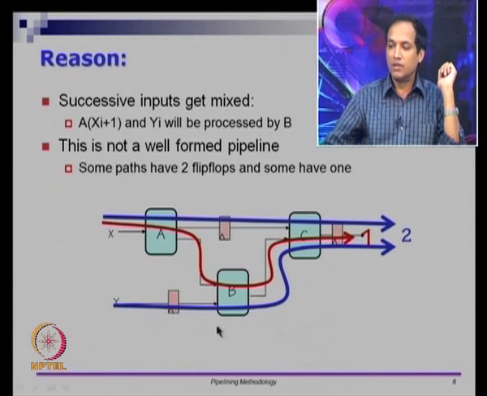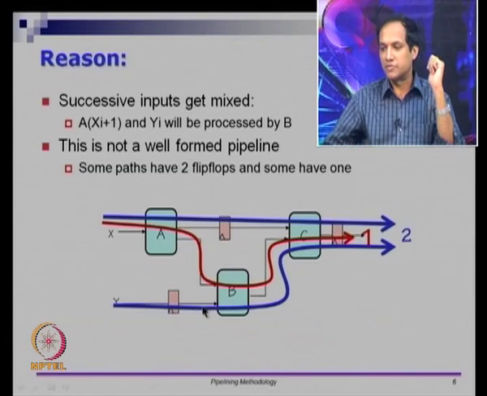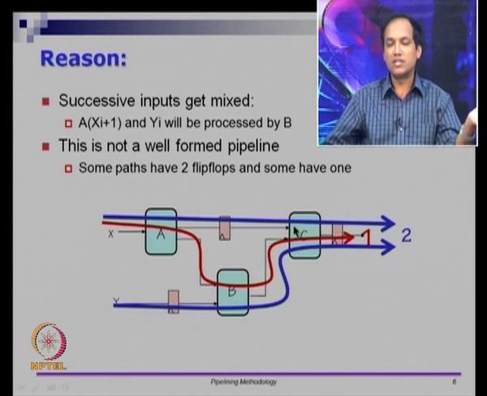Because B is not getting inputs from the same number of stages, C also by definition will not get it from the same number of stages. Even if I had a circuit which contained only A and B, and I put a flop here and let us say I put a flip flop here, the path from Y to B's output will be a 2 stage circuit, but the path from X to B's flip flop would have been a 1 stage circuit.